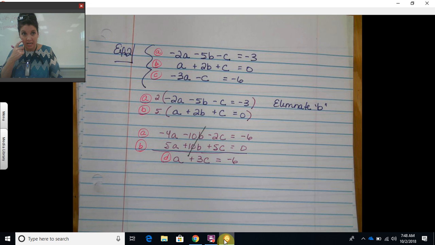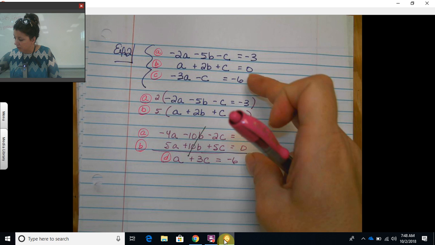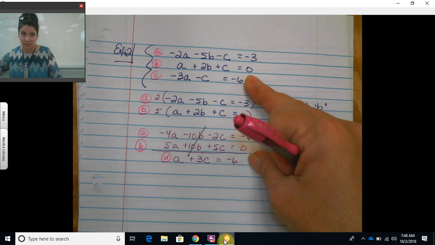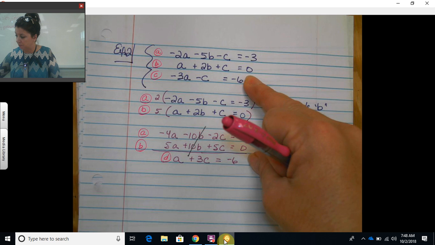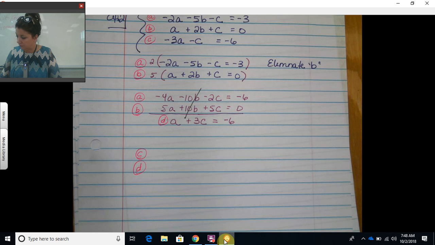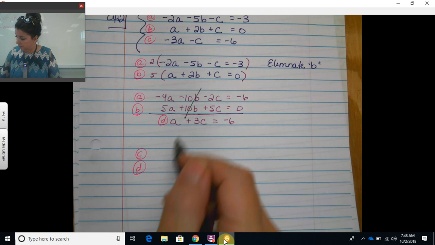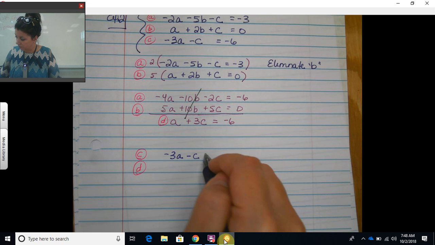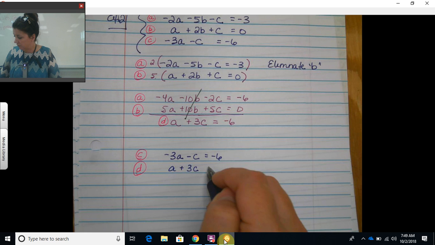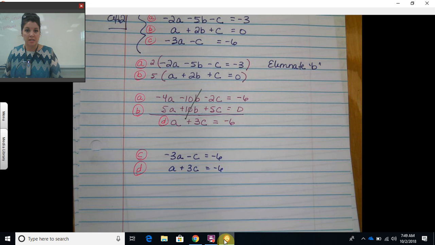And because I strategically eliminated the B's, now I can pair equations C and D together. They both have A's, they both have C's, and I can eliminate one of them. Everybody good with that? Now, since I'm already down to 2 variables, does it matter which one I pick?